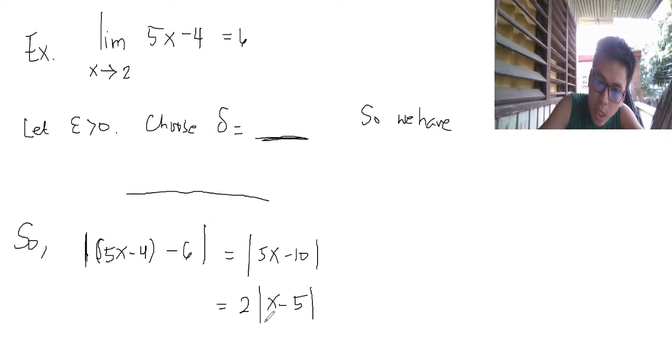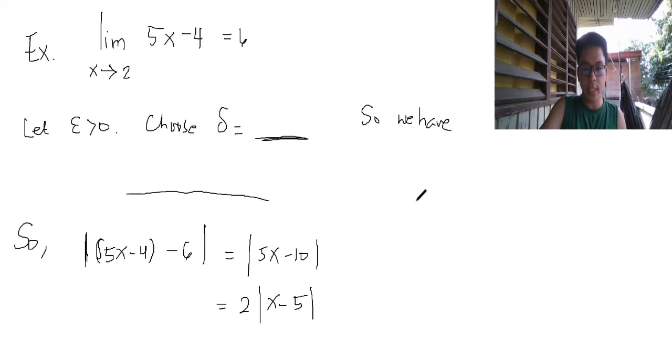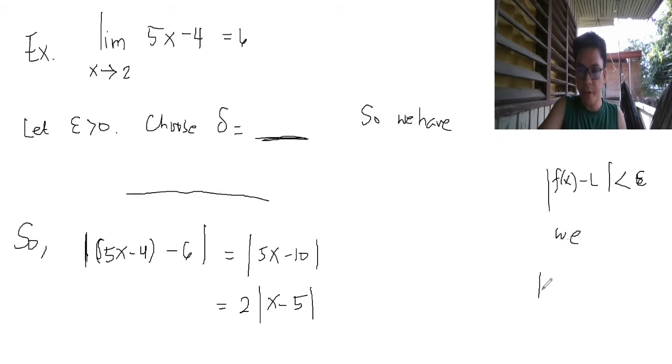So how can we end up having this less than epsilon? Remember that in the definition we have the absolute value of f of x minus L, and this should be less than epsilon whenever x minus a is less than delta, and greater than 0. So our a here is 2, right?